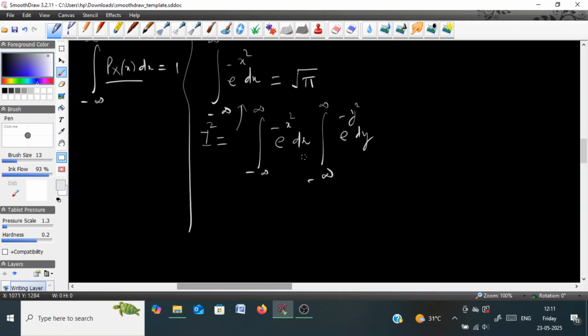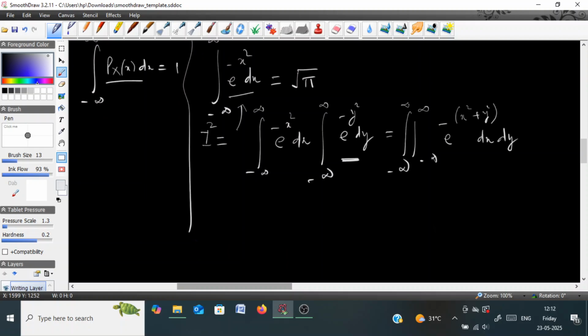Okay, it is a product, I square is I into I, and I is this integral. But since x and y are both dummy variables, you can change the variable from x to y. Okay, and then it becomes a double integral of e to the power minus (x square plus y square) dx dy.